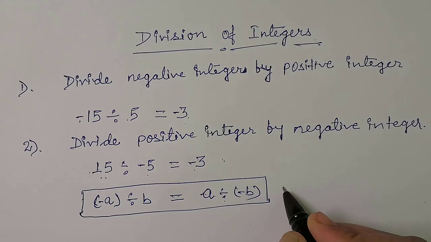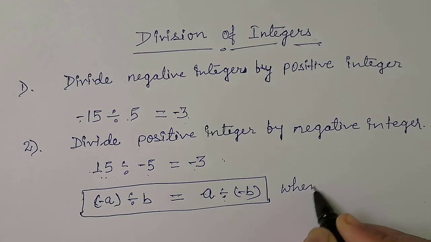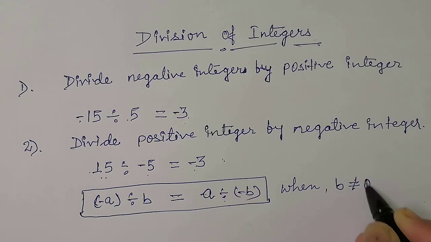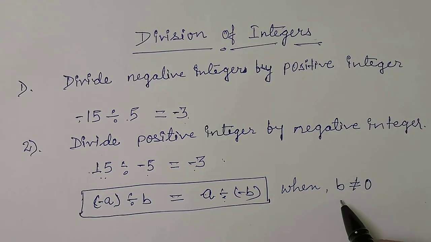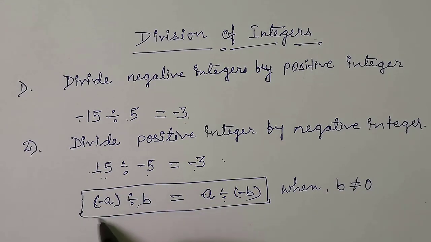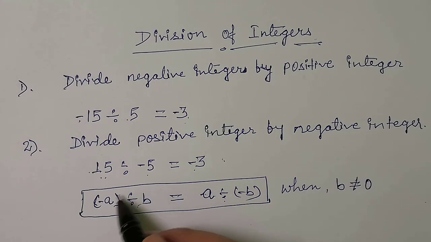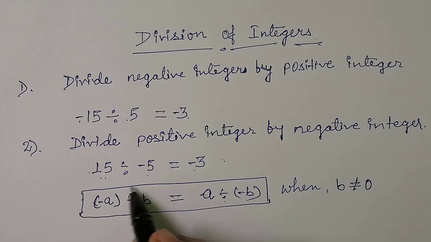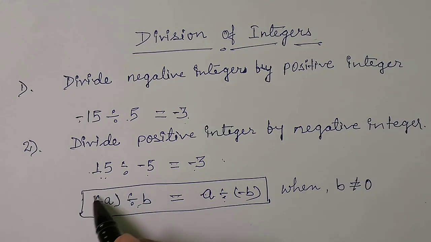And here one more condition is that b is not equal to 0. b won't be equal to 0, otherwise the answer is infinite. If b is 0, then we can't find a definite answer.